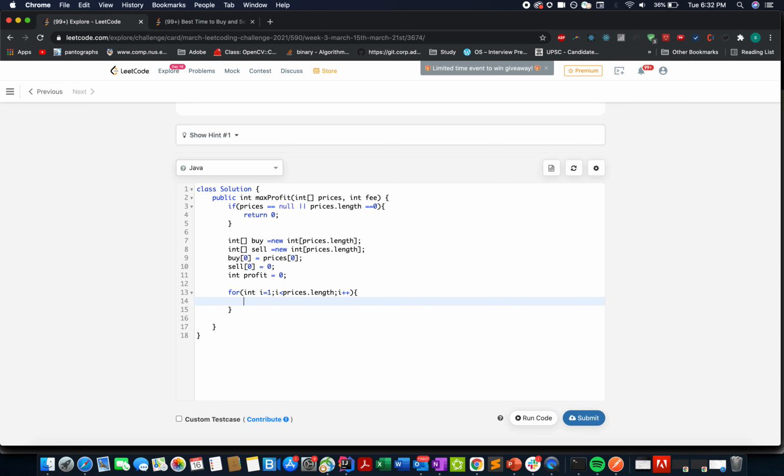What choices do we have for the buy part? Math.min, we need to take the minimum of either whatever the previous day buying factor was, or the current price on the ith day minus profit, whatever profit you have made in the past. And let's update the sell part.